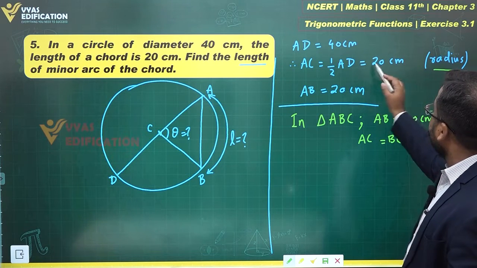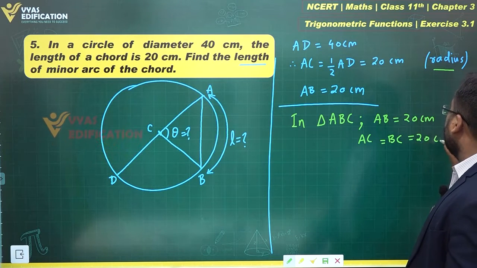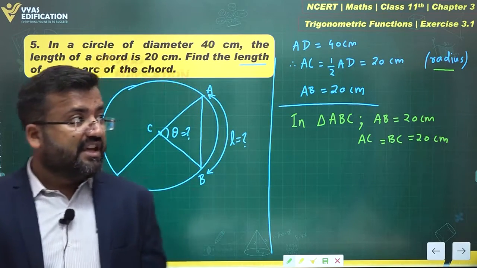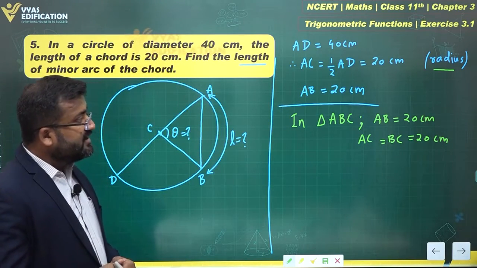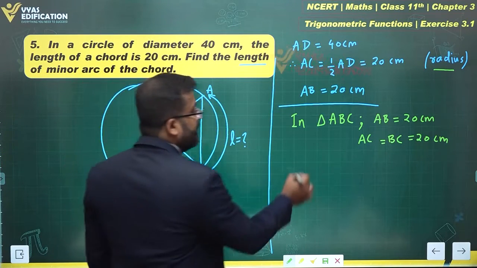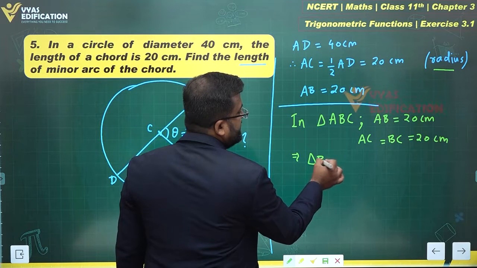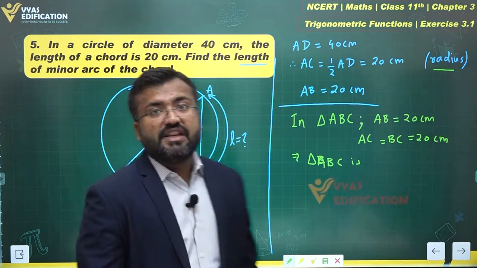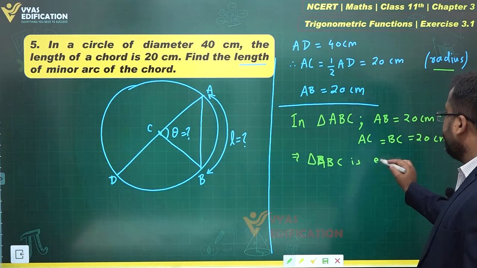And what was the radius? Radius is 20 centimeter. AC, BC are radius. AB is also 20 centimeters. So that tells me that this triangle ABC is actually an equilateral triangle. Triangle ABC is equilateral.